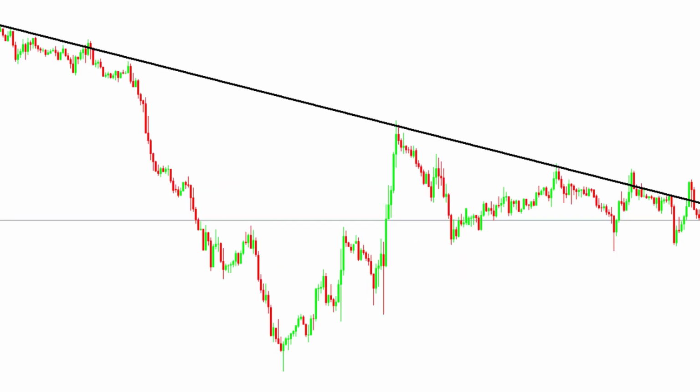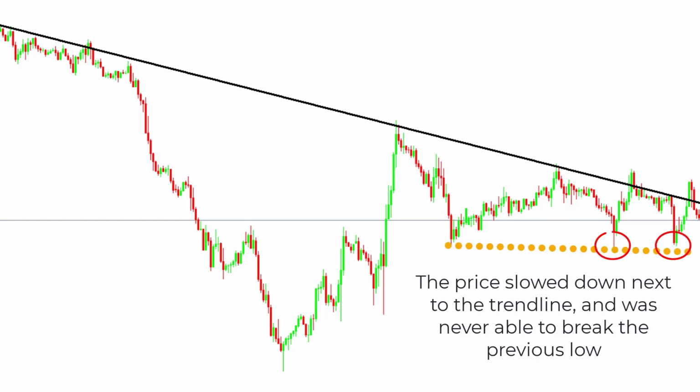And here is a similar incorrect example on the British pound against the US dollar. Notice how the market has slowed down as it approached the trend line, with no significant sharp rejections every time it has touched the trend line. While after the third touch, it slowed down significantly and could not break the previous low, which makes this trend line untradeable.